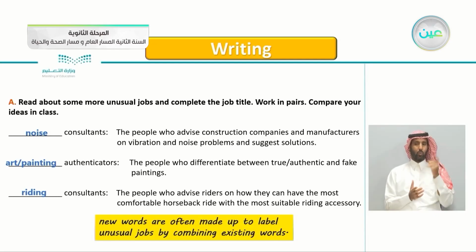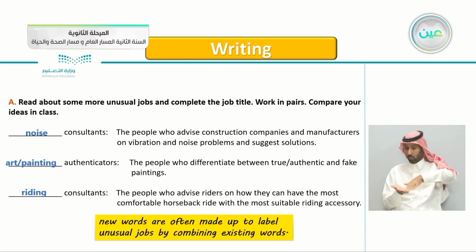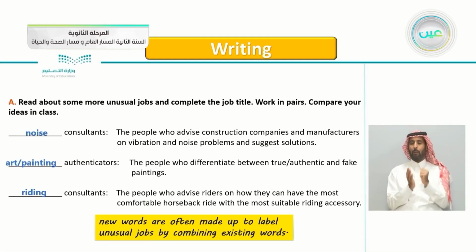New words are often made up to label unusual jobs by combining existing words. Again, new words are often made up. Sometimes we make up new words. Why? To label unusual jobs by combining existing words. For example, the cheese sprayer from the previous lesson, we said cheese sprayer, the person who sprays cheese.